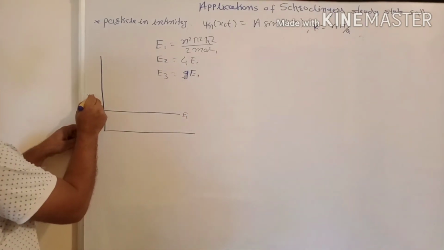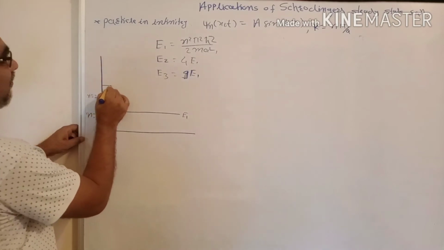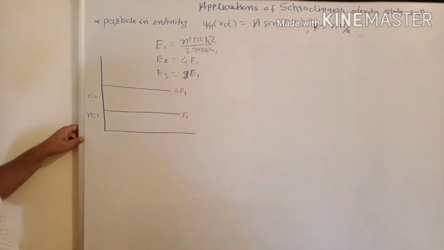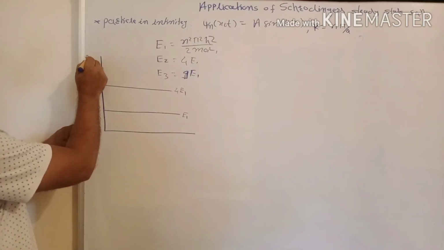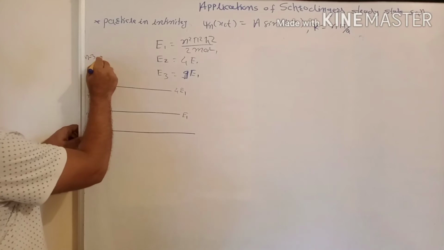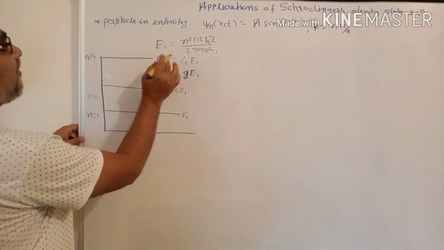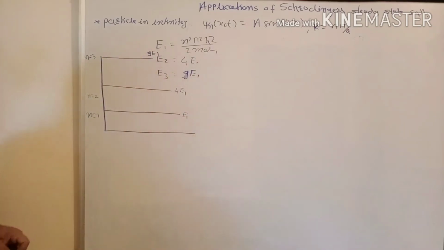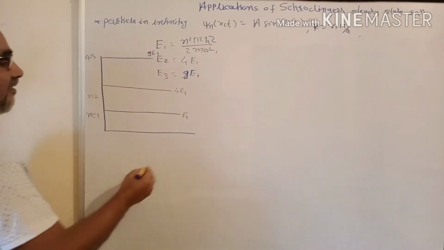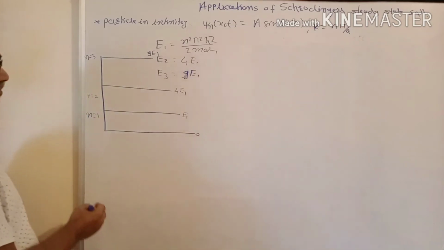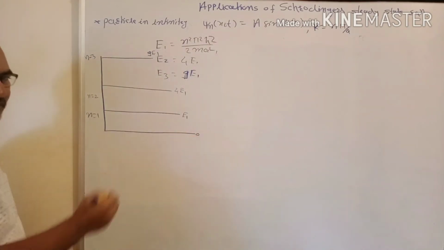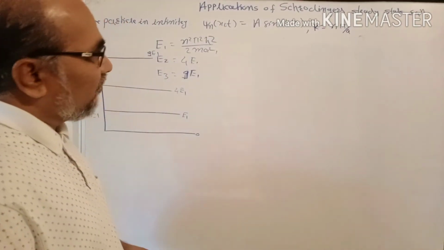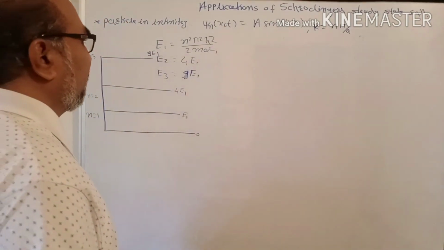Then n is equal to 2 is 4E1. n is equal to 3 is 9E1. So this is the energy diagram. And n is equal to 0 means this is the ground state, the zero energy level.